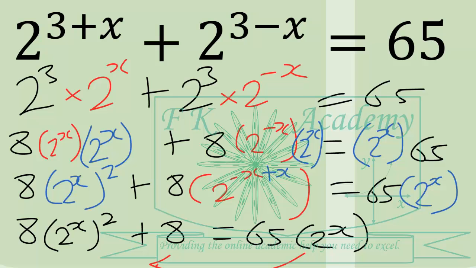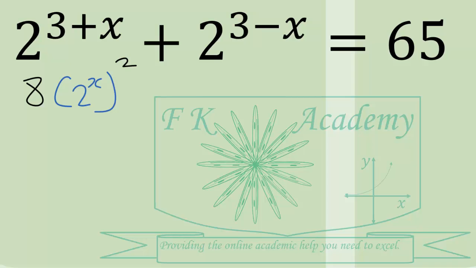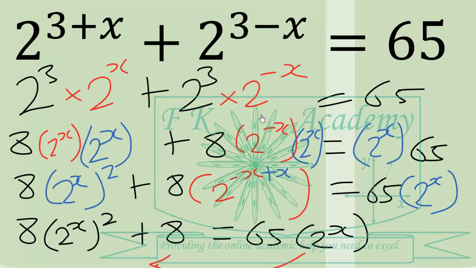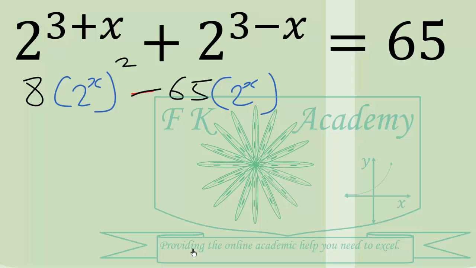So this gives us minus 65 times 2^x. Then we have plus 8, so this will give us plus 8 is equal to 0.